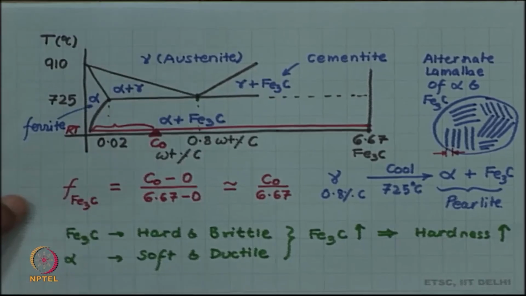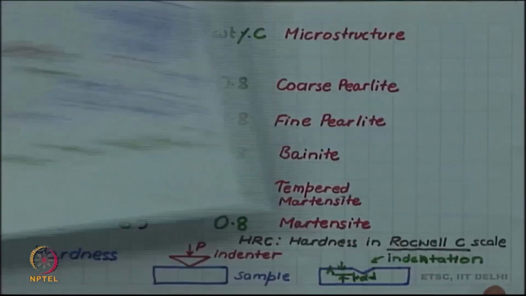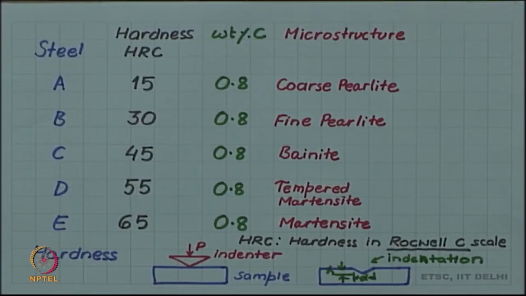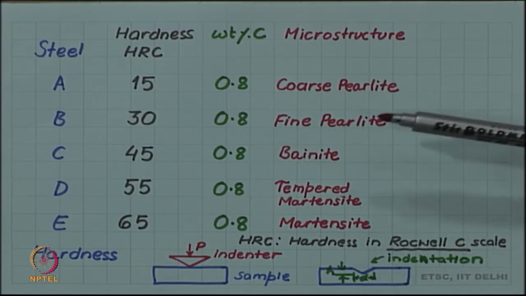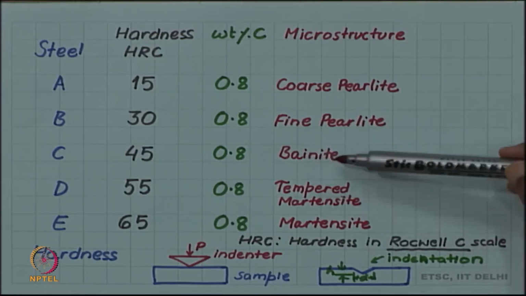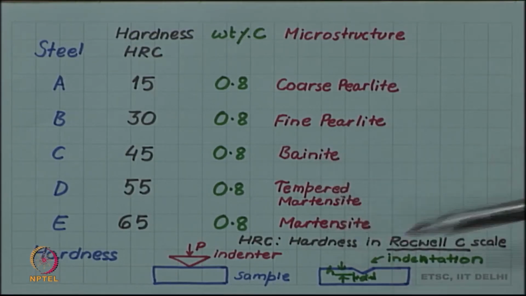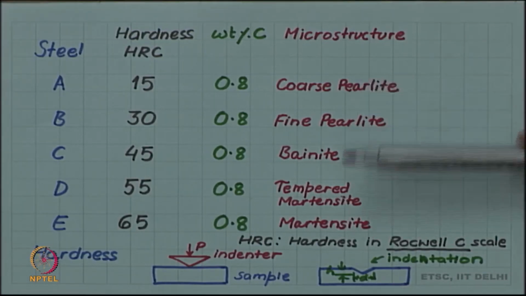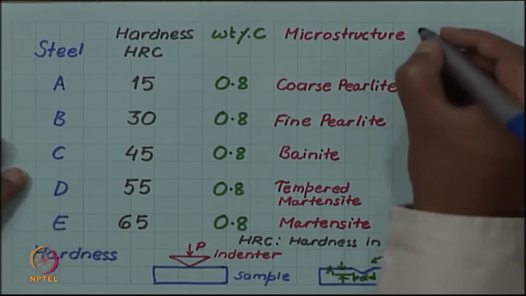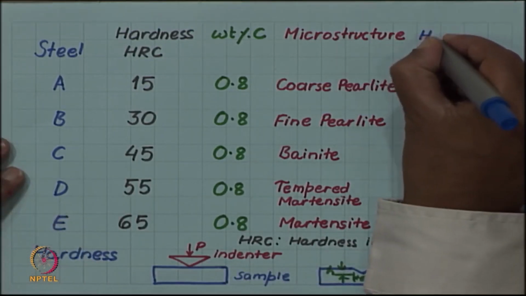So, they show only equilibrium or near equilibrium microstructures. If we cool fast or if we take the system away from equilibrium transition, then we expect to get different microstructures, and this is how we get bainite, tempered martensite and martensite. How are we able to produce these different microstructures? That is a process which is given the name heat treatment.